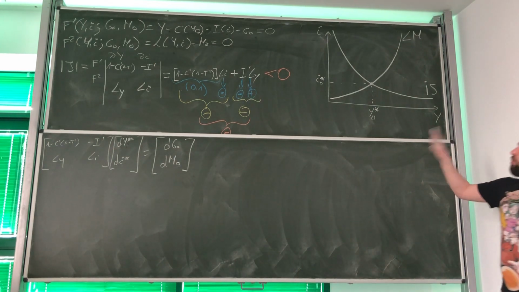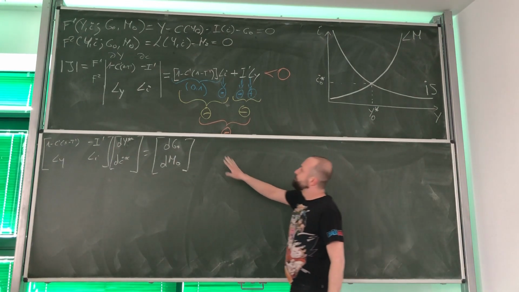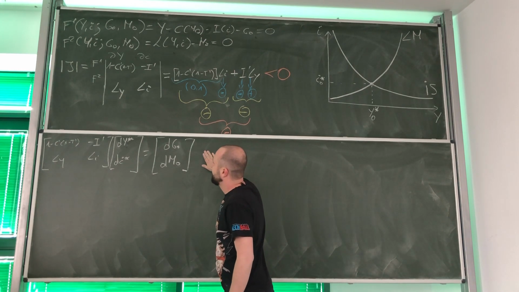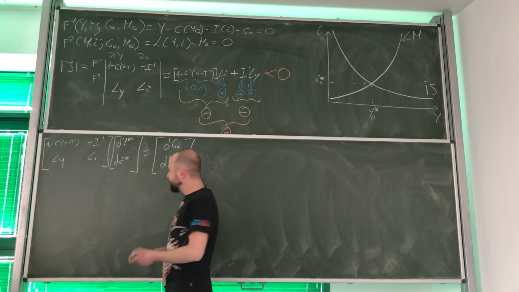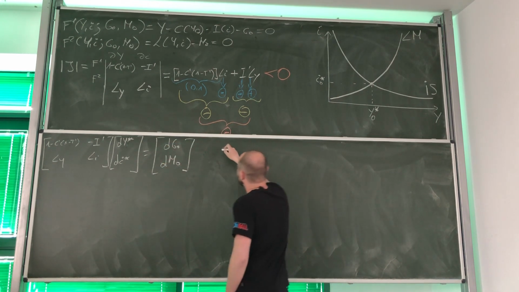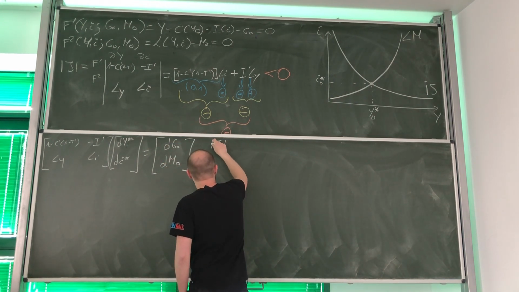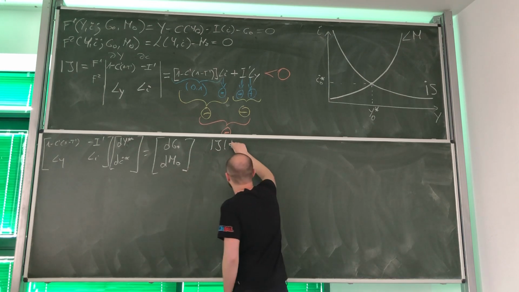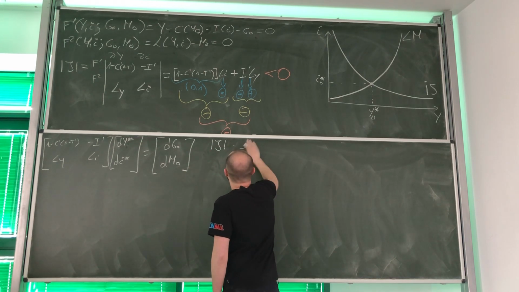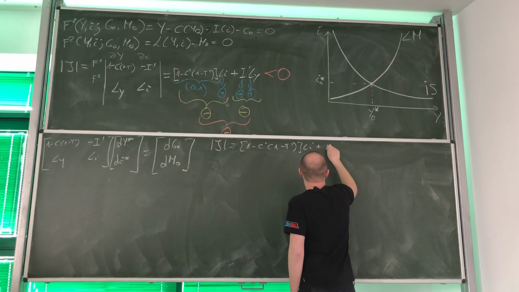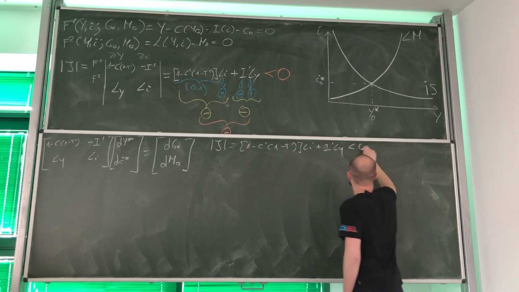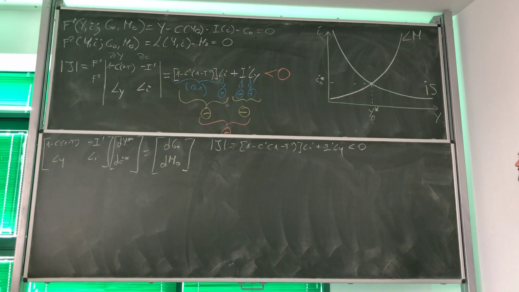We're going to do our reasoning based on derivatives. So the only thing that we should take into account is that we know that the Jacobian is different than 0, and the Jacobian is equal to 1 minus c prime, 1 minus t prime, Li plus I prime Ly, and we know it's lower than 0.